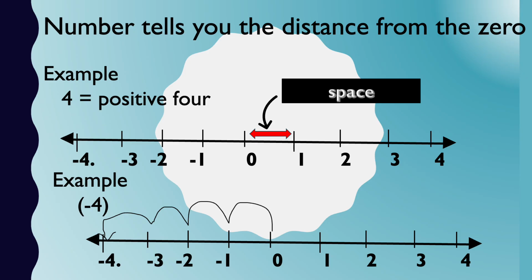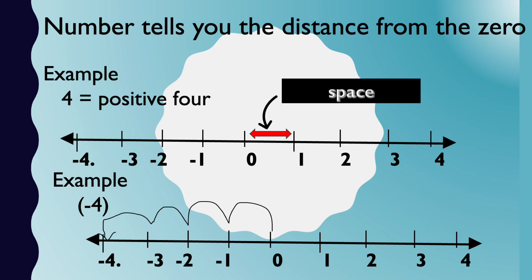Okay, now we are going to describe the distance. Let's see. -4 lies how many spaces? 1, 2, 3, 4. -4 lies 4 spaces to the left of 0.